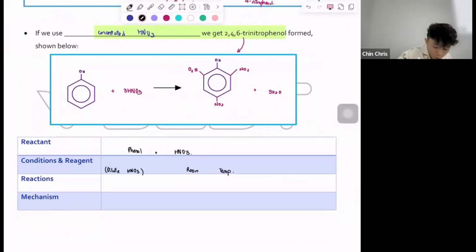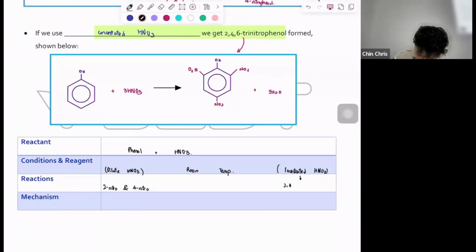You either get a 2-nitro and a 4-nitro. But if you use concentrated, you get 2,4,6.